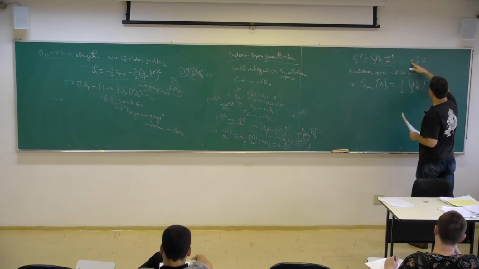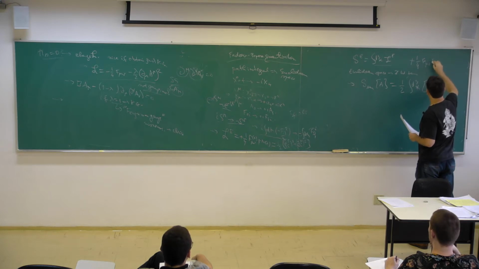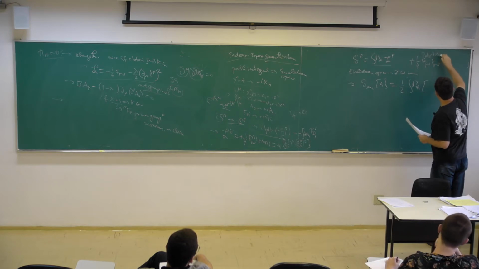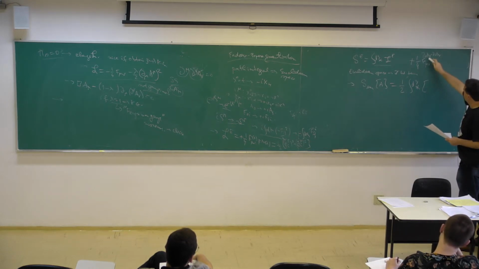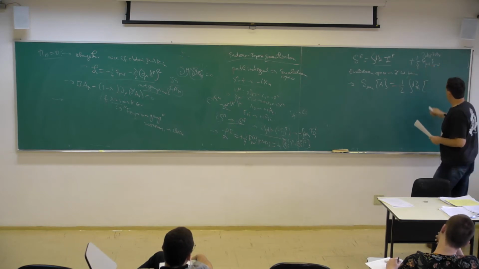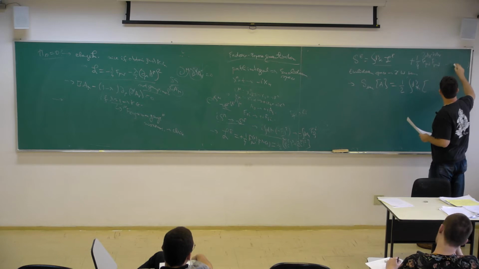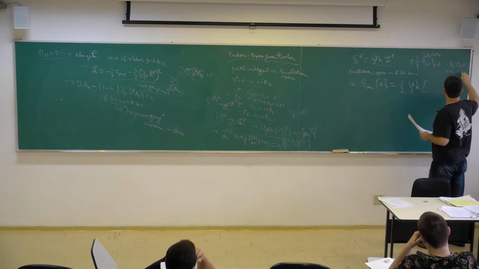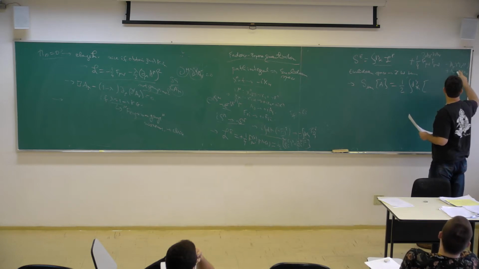Before I had minus a quarter Fij, now I have plus a quarter F mu nu, F mu nu. But this was d mu a nu minus d nu a mu. And when I partially integrate, I would get minus a mu d squared a mu from one term, and then from the cross term I'll get plus a mu d mu d nu a nu. Right, here it is.